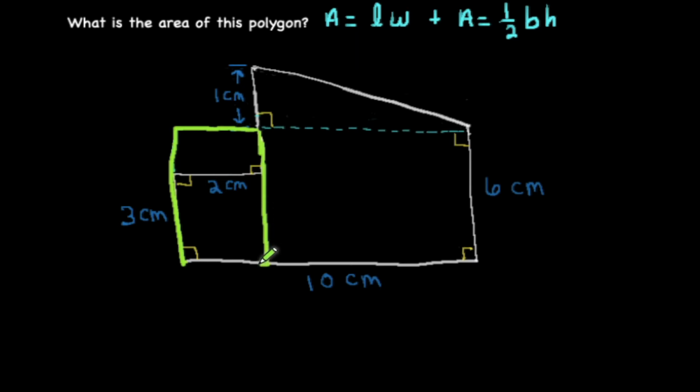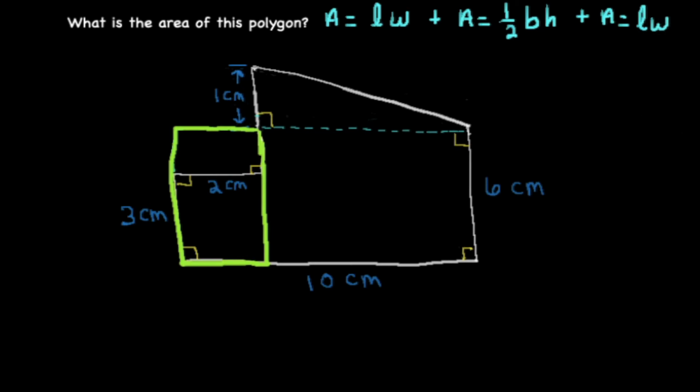So this is one rectangle. So that's another rectangle. So let me go ahead and add another area here for rectangle, which is length times the width.